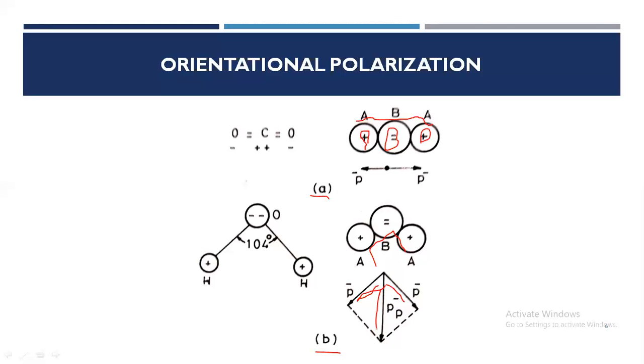Since the electric field E exerts a torque on P_P, the orientation of a permanent dipole in the direction of the field contributes additionally to the total polarization, and it is called the orientational polarization, denoted by P_O.